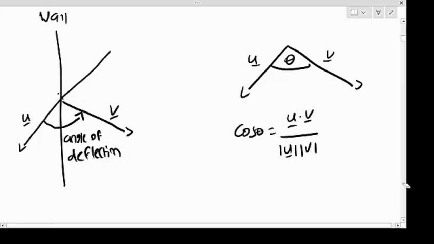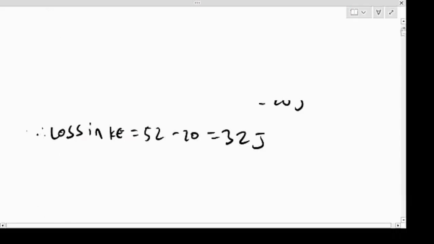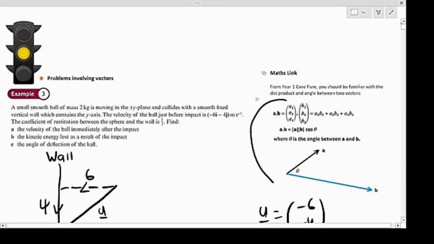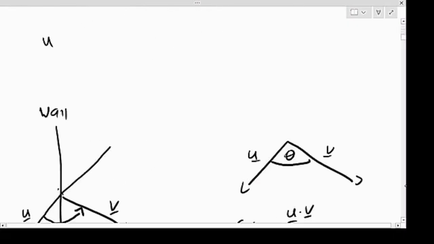You should be familiar with that formula and how to calculate angles between vectors from year 1 core pure. So we can use the information here to work out the angle deflection.